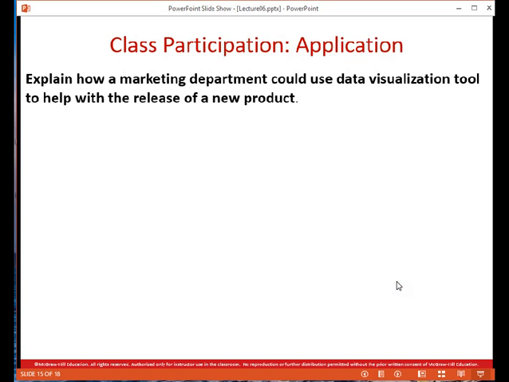So for the application part of this case study, we need to explain how a marketing department could apply data visualization tools to help with the release of a new product. Data visualization describes technologies that allow users to see or visualize data to transform information into a business perspective.